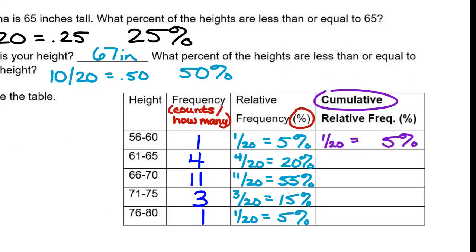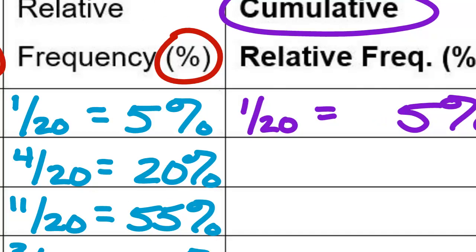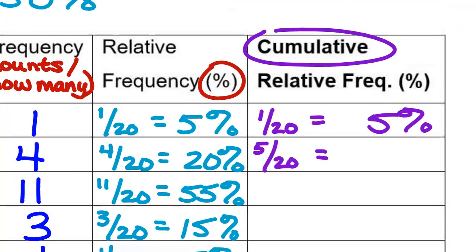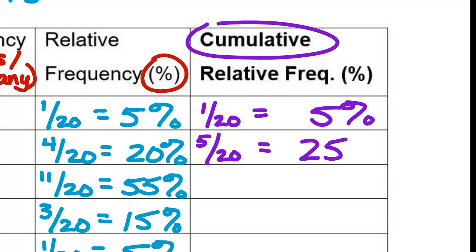If I go from the beginning of the graph on the left all the way over to 65, how many people have we grabbed now? 5. And 5 out of 20 is 25%. Notice that's exactly the same as if I just add the percents together. I can add the people together and divide by 20, or I can just add those percentages together. And I get that cumulative frequency from the beginning up to this point.